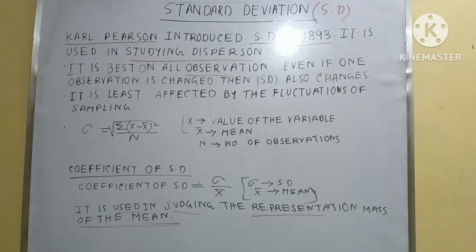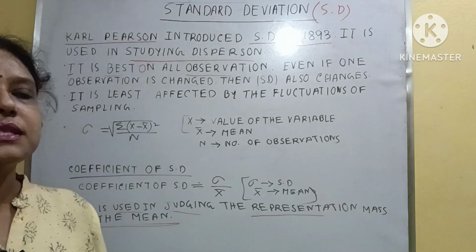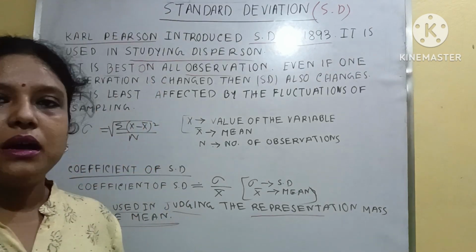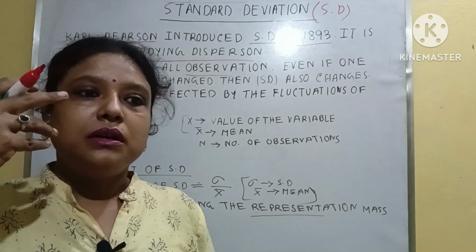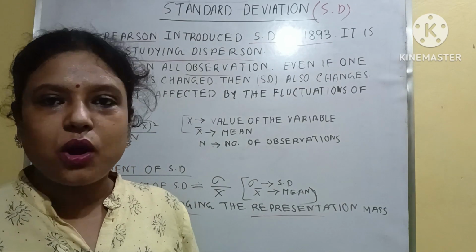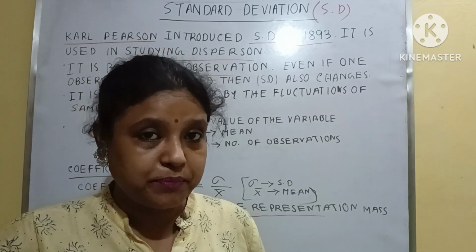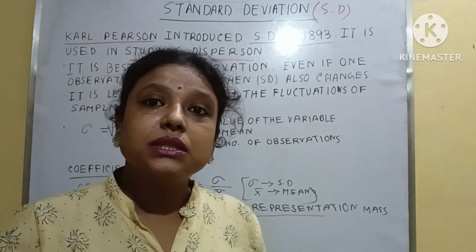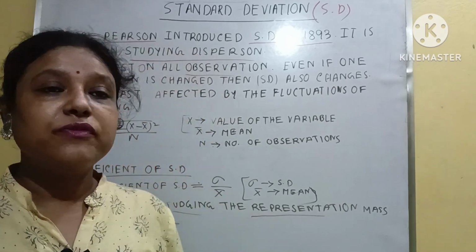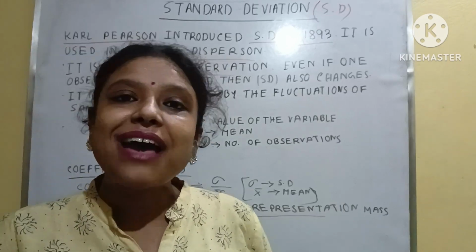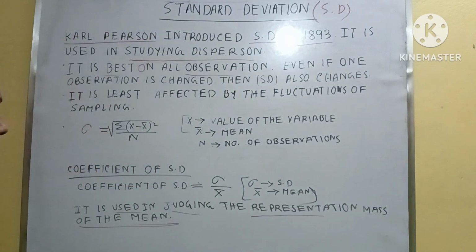That means when we take some numbers and then deduce the x bar or the mean, in that case some error may be there. So for studying or finding the error, we have to calculate the SD of the mean.